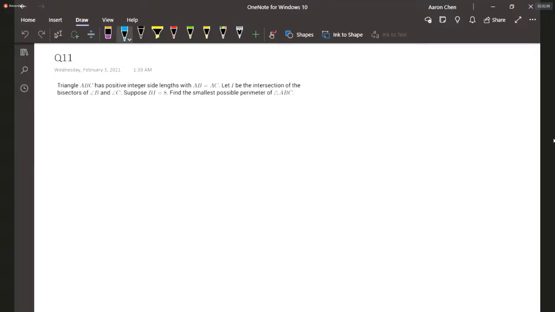So you have a triangle ABC with positive integer side lengths, and you're given that AB is equal to AC. So the diagram would look something like this. A, B, and C. Okay, that might not be isosceles, but it's fine.